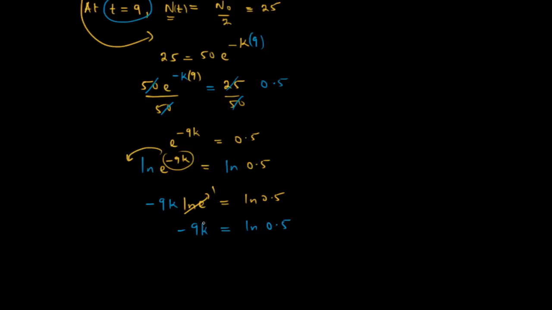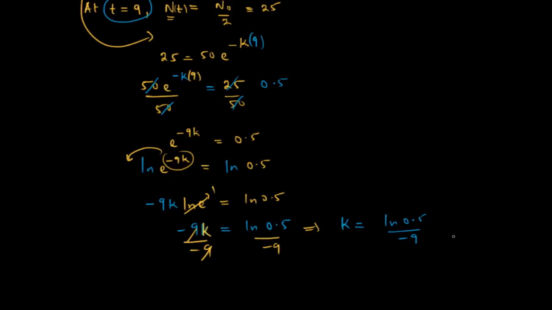Our aim is to find k, so we divide both sides by negative 9. When you divide by negative 9, this goes off. So that tells us that k is going to be the ln of 0.5 divided by negative 9.